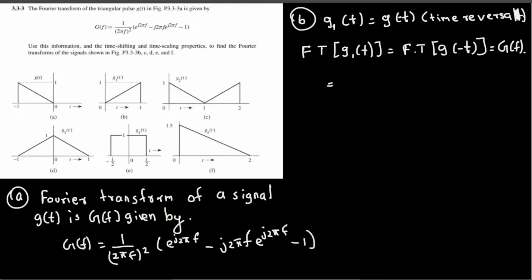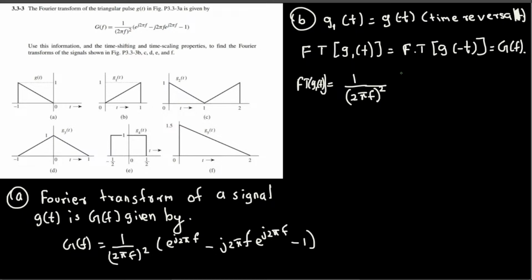When it's t positive, we have f; when it's negative t, the Fourier transform should be negative f. So the Fourier transform of g1 of t is basically 1 over (2 pi f) square. For the 2 pi f square, I keep it positive, because when you square a negative number it's going to be positive anyway, so you don't have to change the sign for this.